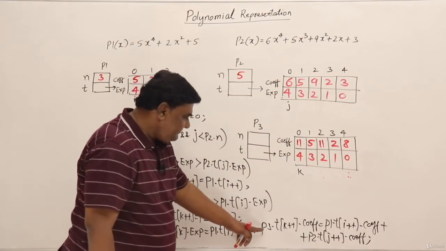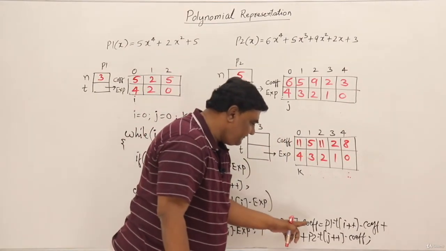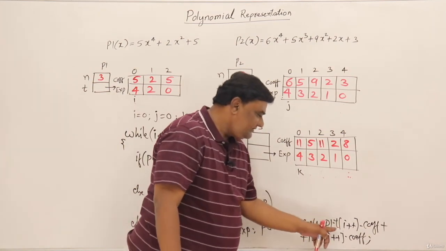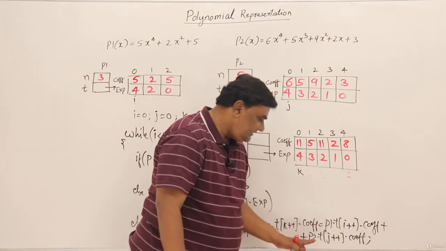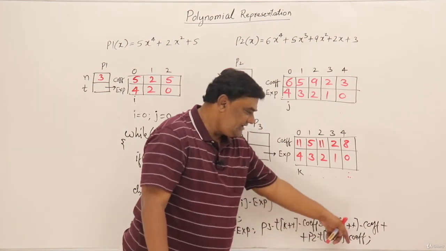So in P3's T of K coefficient, I am adding the coefficients of P1 and P2. Two coefficients I am adding.